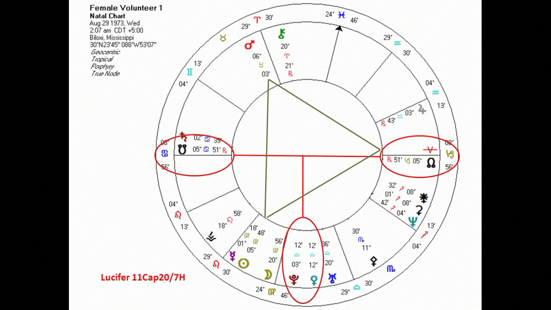And if you will notice, Lucifer's in a grand trine with Mars in Taurus, which could be another addition to that Libra-Venus denial. It's in the grand trine of Earth signs. And let's see, we have Earth signs and air houses.